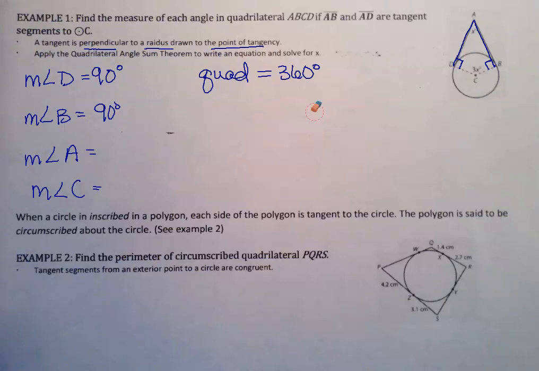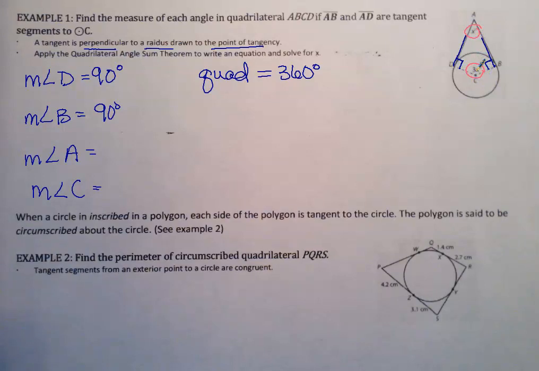Is it because there's 4 angles? Not because there's 4 angles. So there's X, and that's one angle, and then there's 3X. Oh, yeah. Okay, so we haven't talked about that yet. This angle up at the top is X degrees, and this angle down here is 3X degrees.